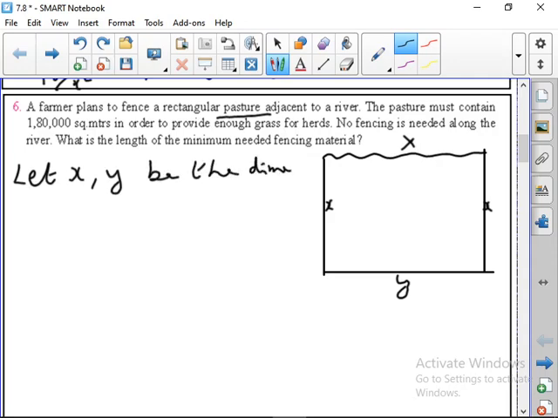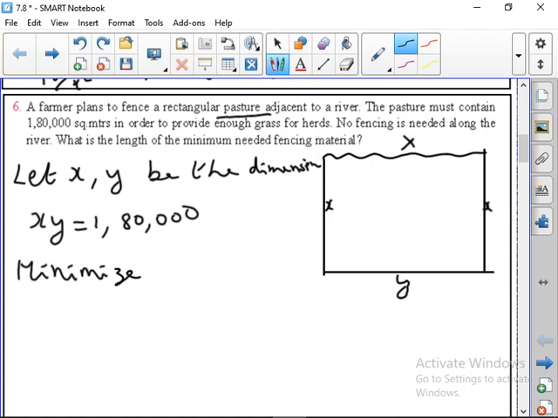What is given? The area XY is given as 1,80,000. Now we have to minimize. What should we minimize? What is the length of the minimum needed fencing material?